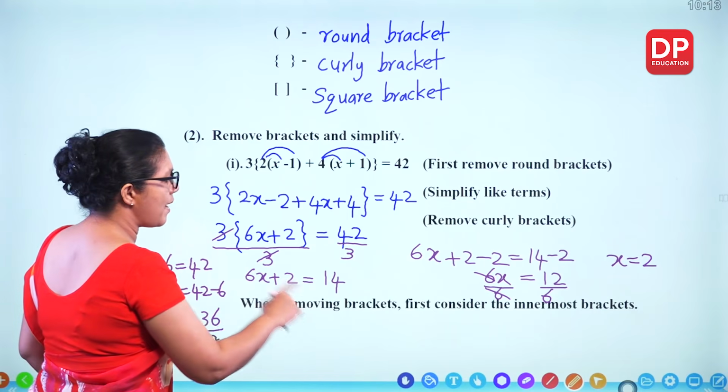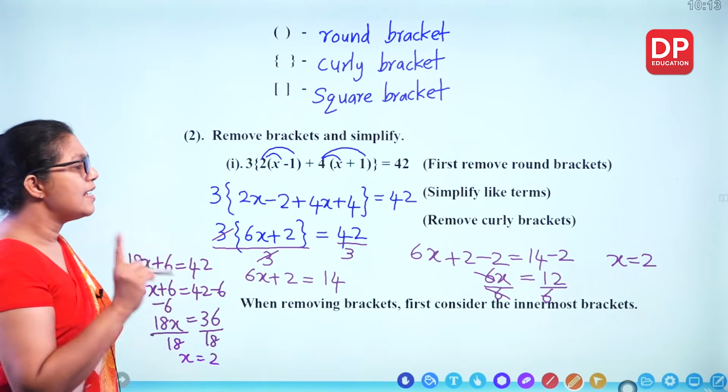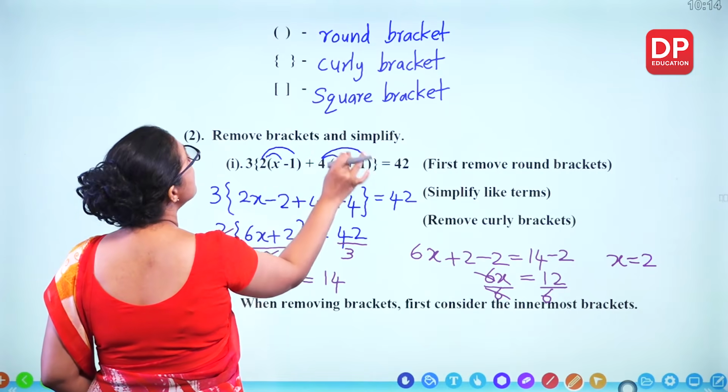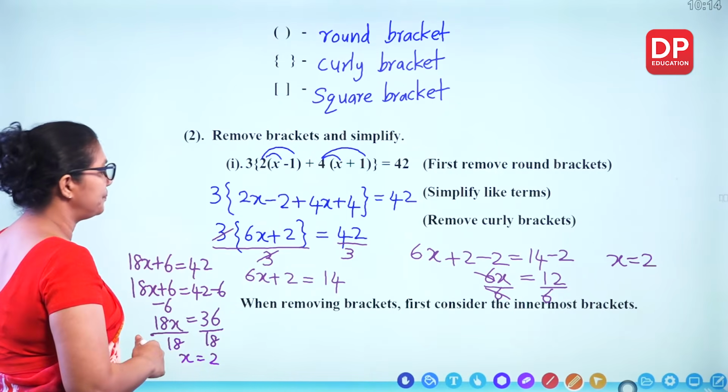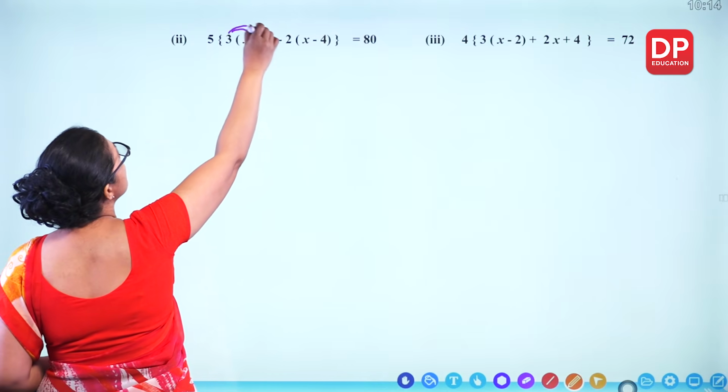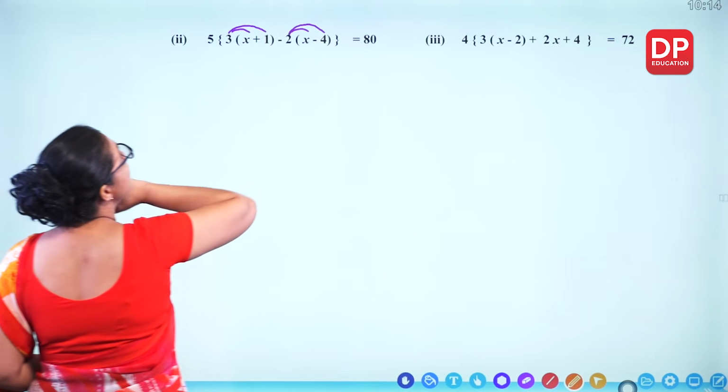So when removing brackets, first consider the innermost brackets. So the innermost bracket is the round bracket here. Now take this one. So we'll first expand the round brackets.